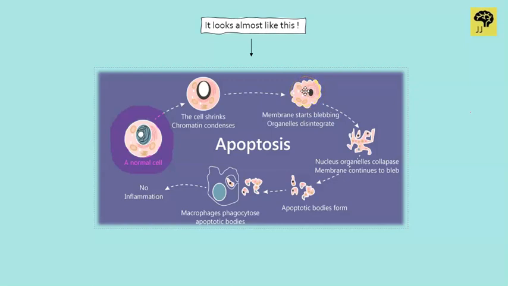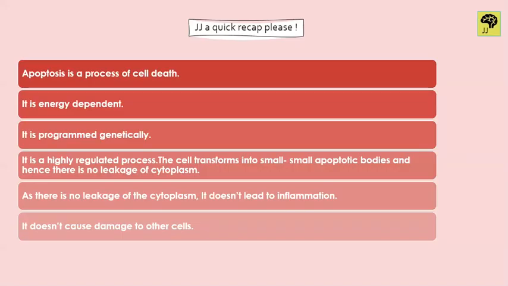During apoptosis, the organelles disintegrate, so they are contained in the apoptotic bodies, and there is no leakage. You can see that the content is all stored inside these apoptotic bodies, and further these apoptotic bodies are engulfed by macrophages. So there is no trace, so there is no inflammation. Apoptosis is a very neat process, and now you know what it is, so you can easily compare whether there is a process like apoptosis or not.